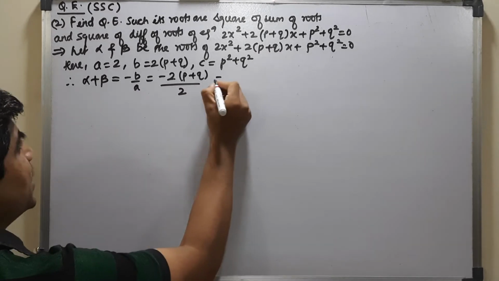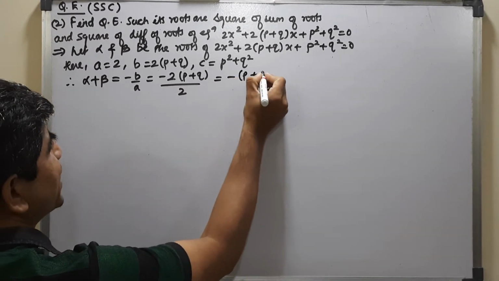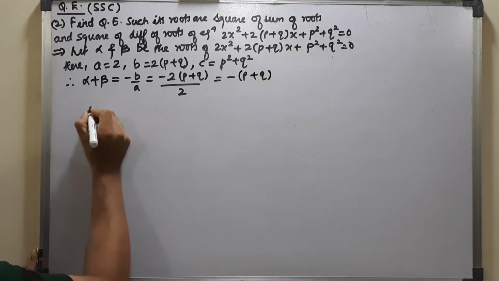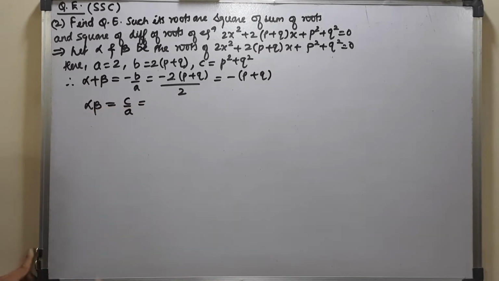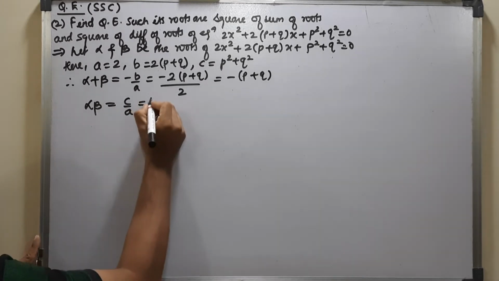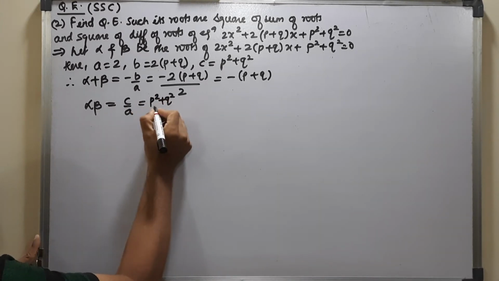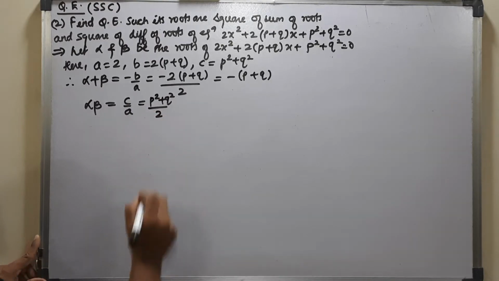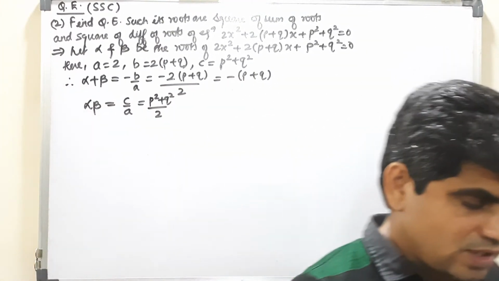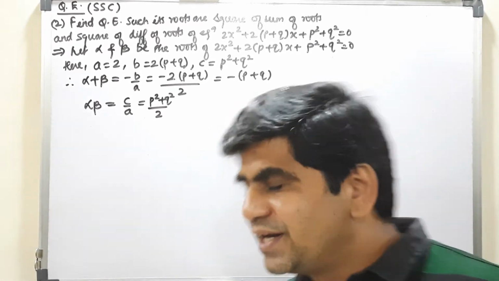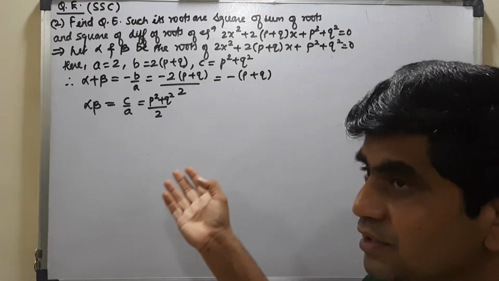So which is nothing but minus (p plus q), and alpha beta is c by a. The value of c is p square plus q square by 2. Okay, got it? So now I will try to read the question.